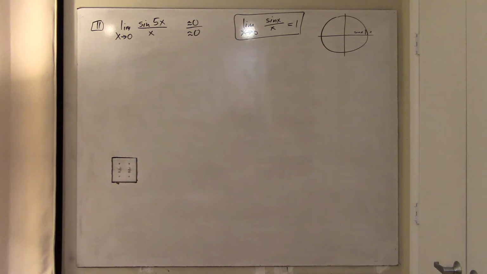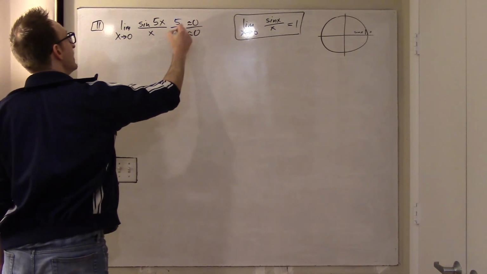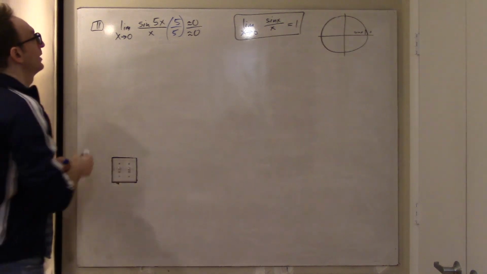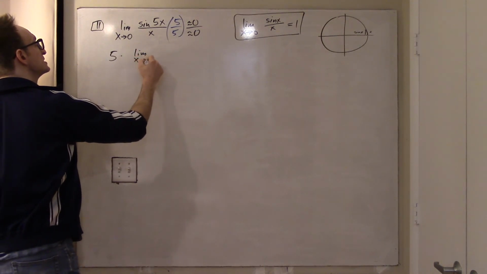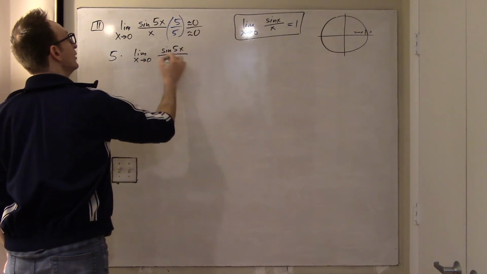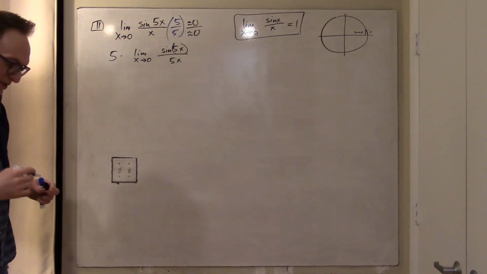And so we can just multiply the top and bottom by 5. Why is that helpful? Because now I get 5 times the limit as x approaches 0 of sine 5x over 5x, and this whole thing becomes just 1.